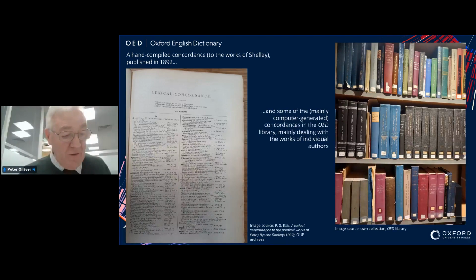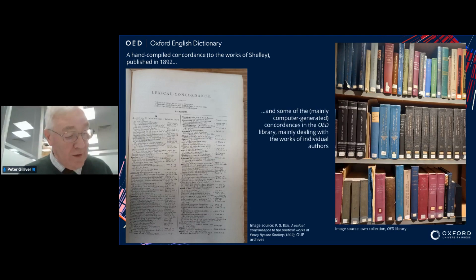It's just a remarkably labor-intensive job, going through by hand the complete works, say, of Shelley, as we see here, and noting down every occurrence of every word. The compilers of the first edition of the OED acquired as many of these concordances as they could, and in the mid-20th century, computers began to be used to generate more concordances of this kind.